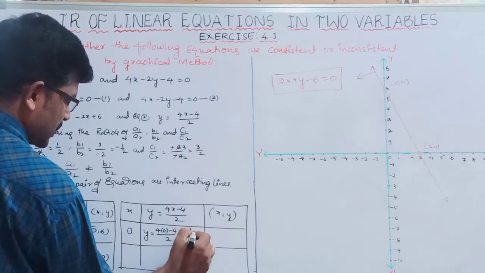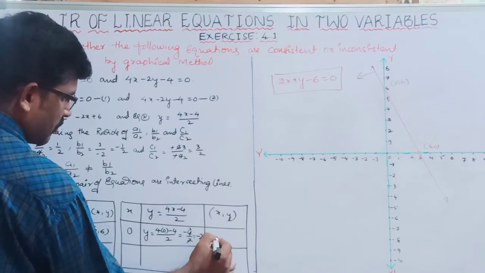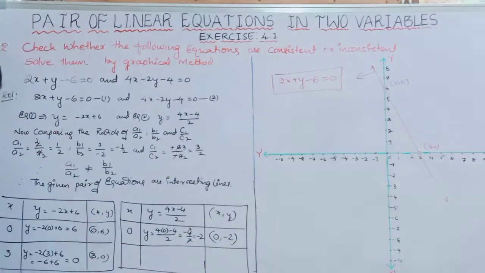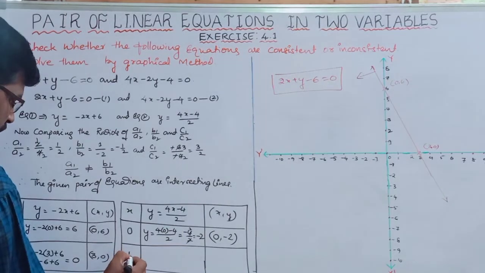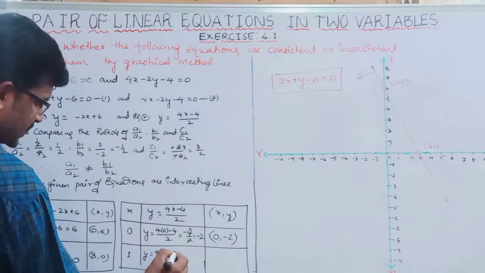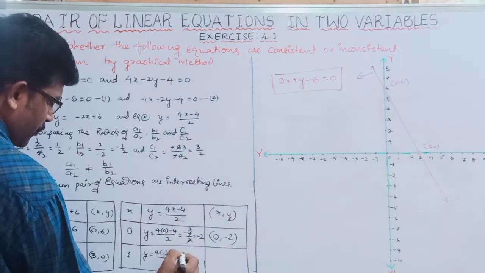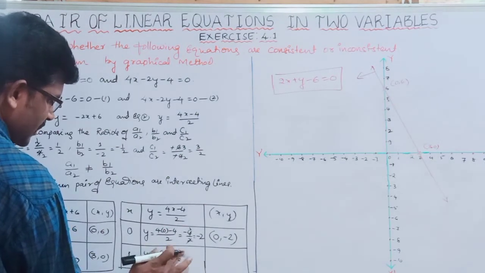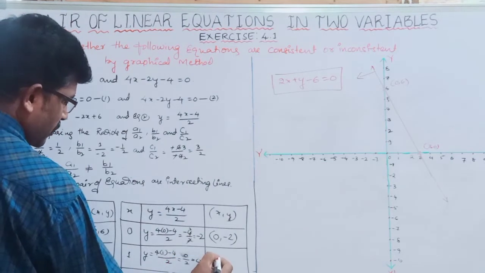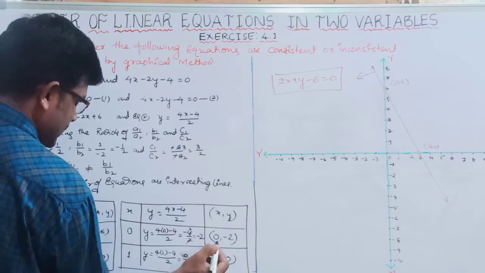By simplification, that is equals to minus 2. 0 comma minus 2. Similarly, x is equals to 1, y is equals to 4 into 1 minus 4 by 2. 4 minus 4 is 0, 0 by 2 is equals to 0. Point is 1 comma 0.